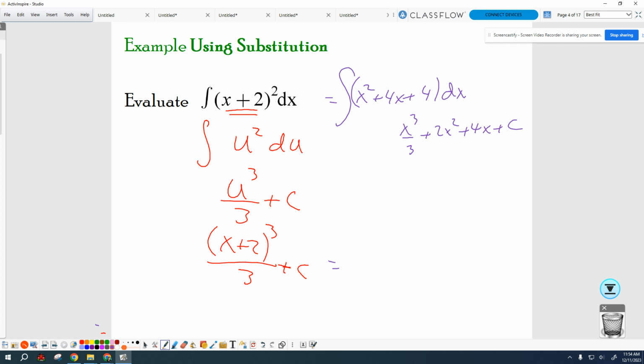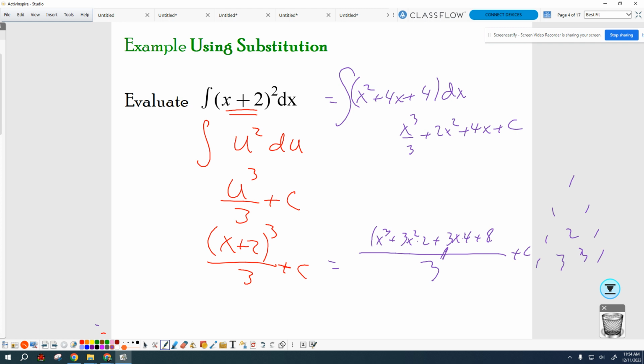Well, using my triangle, coefficients of this thing expanded, 1x cubed plus 3x squared times 2 plus 3x times 2 squared plus 8, all over 3: x cubed over 3, 2x squared, the 3's reduced, these 3's reduced also, 4x, and then I get 8/3 plus C versus just plus C.